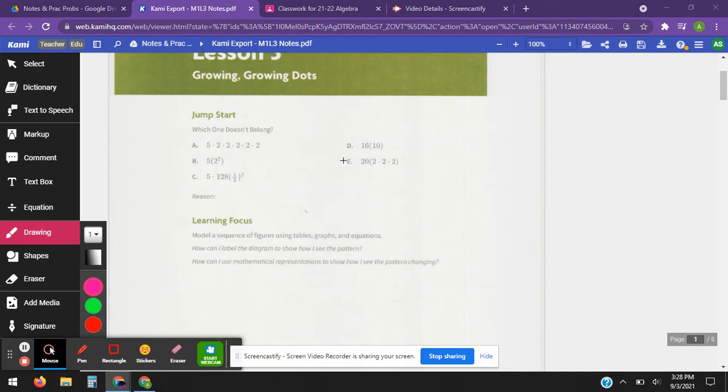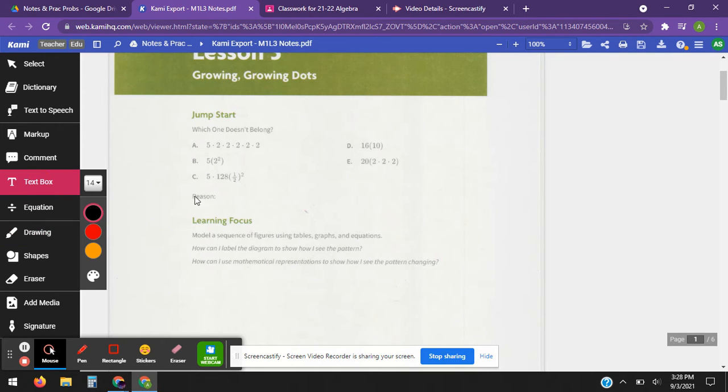This one all equals 20. Those all equal 160. So half, a fourth of 2 times 5, that's 160. So really the only one I'm seeing here that doesn't equal 160 is B.